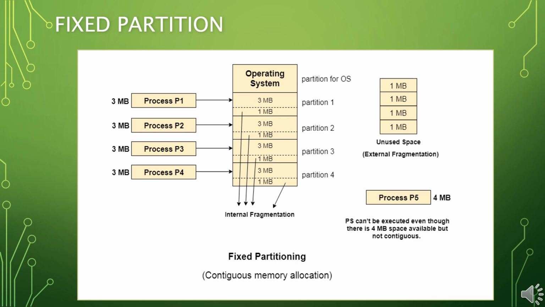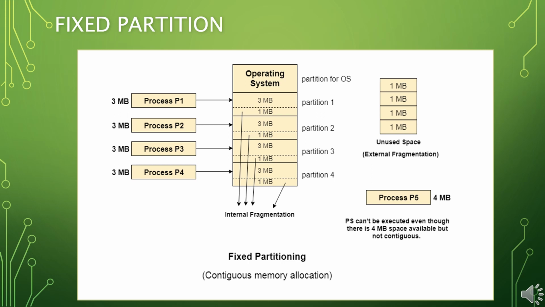The first partitioning technique is fixed partition. It is one of the simplest and earliest techniques which can be used to load more than one process into main memory. In this technique, the main memory is divided into partitions of equal or different sizes.